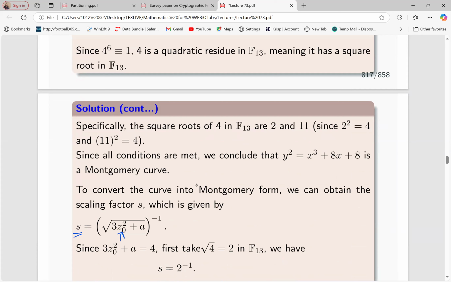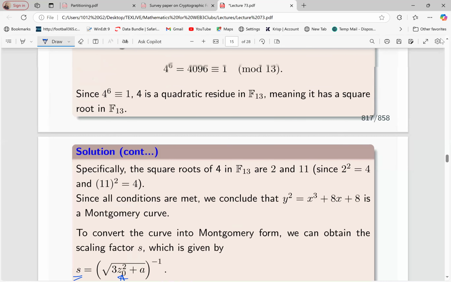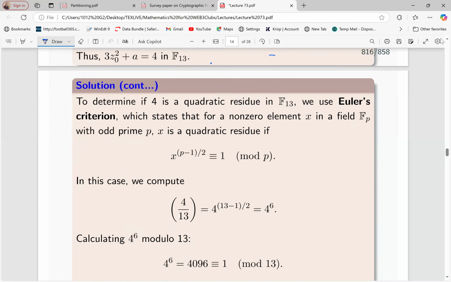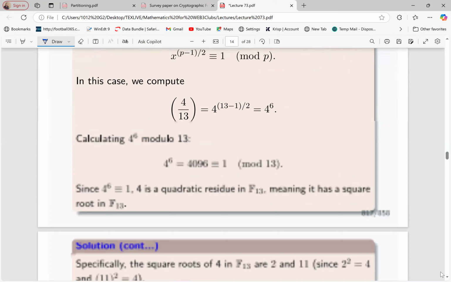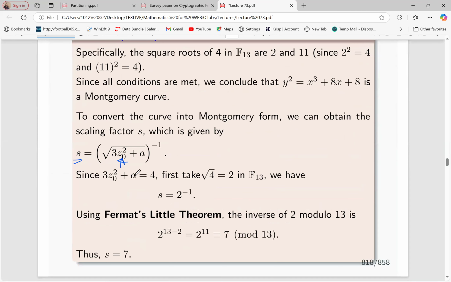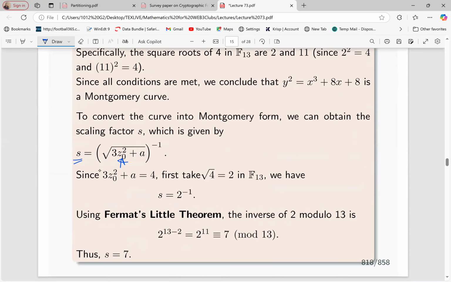This one squared, and what was our z naught? Our z naught was 4. 4 squared is 16, 16 times 3, then plus 8.